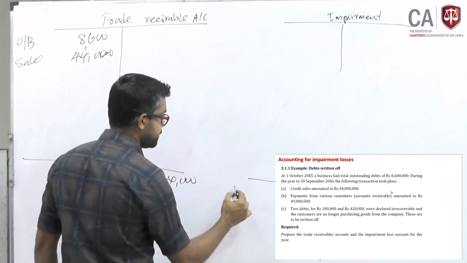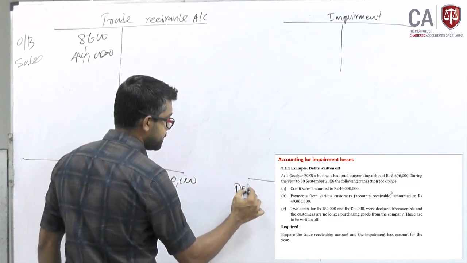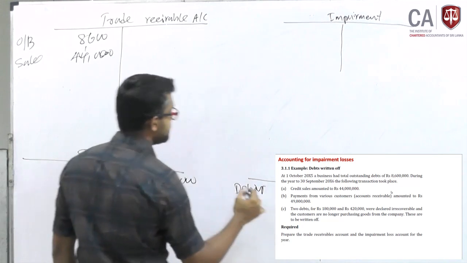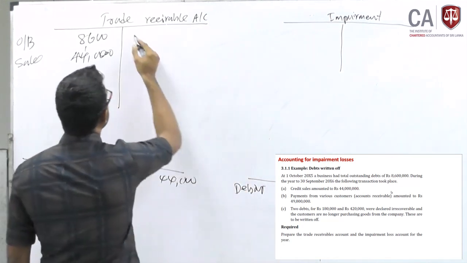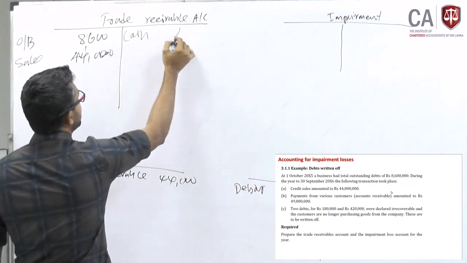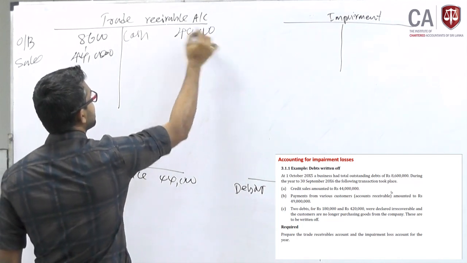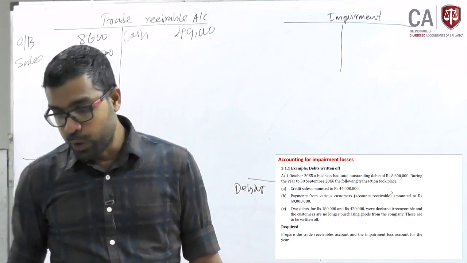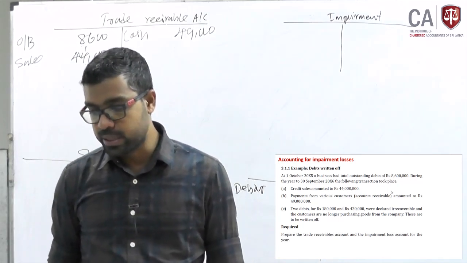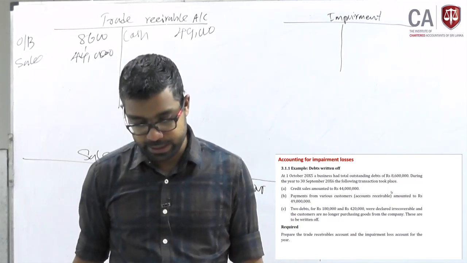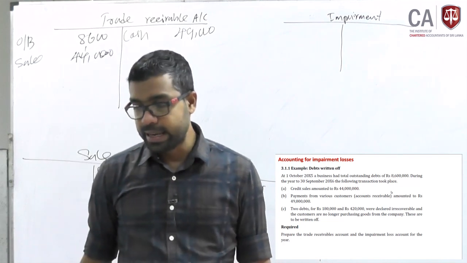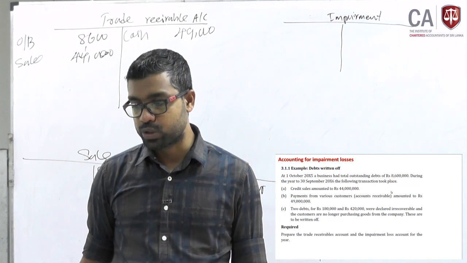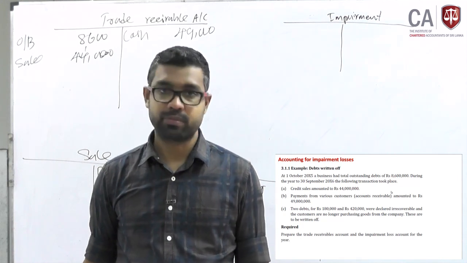Credit debtors 49,000, which means debit cash 49. These are simple entries. Two debtors, 180,000 and 420,000, were declared irrecoverable, and these customers no longer purchase goods from the company. These are to be written off.